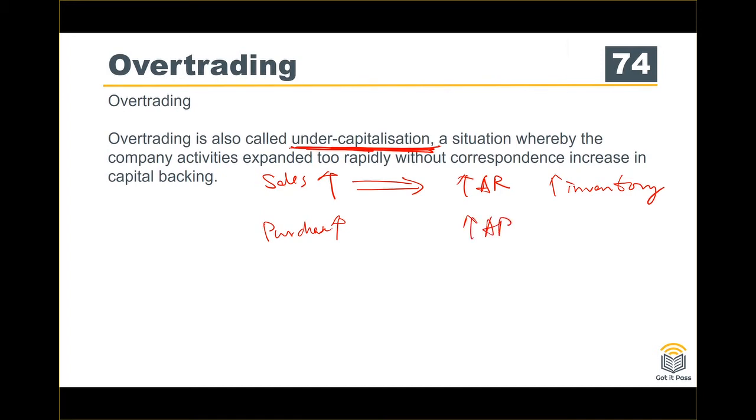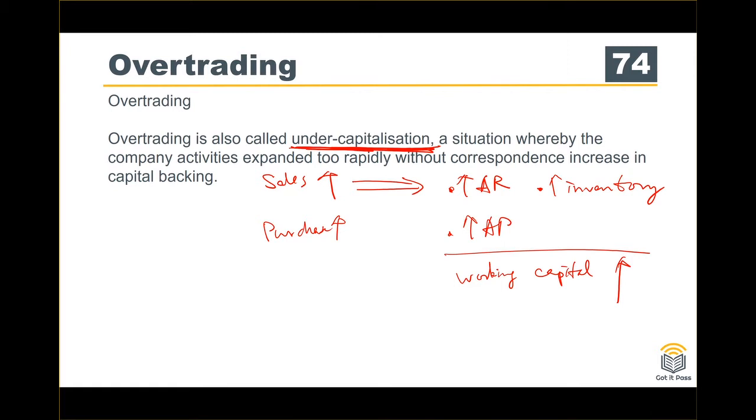But in a case where the AR and inventory increase much faster than your AP, then your working capital increases faster, right? What's the problem of increasing working capital?